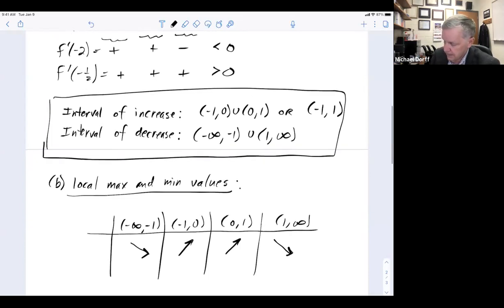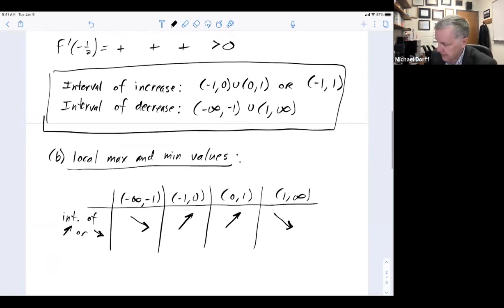Now, if something is decreasing, it's going down, and then if it's increasing afterwards, it's going up. That's going to give me a local min. So this tells me there's a local min at x equals -1.